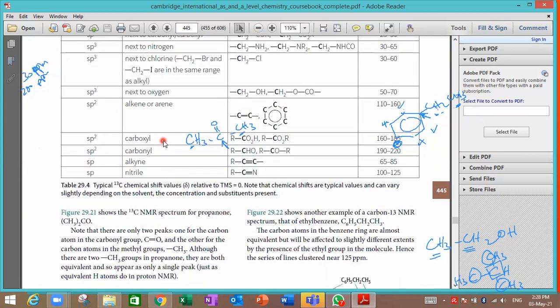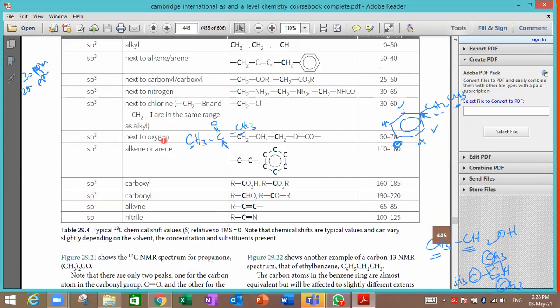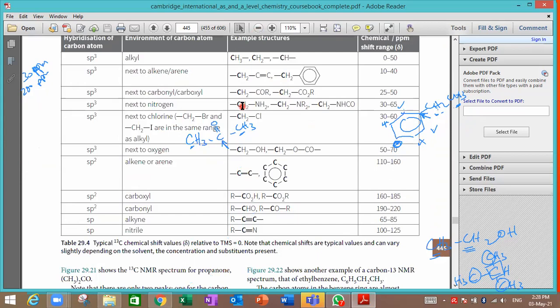It says that if I have a CH3 bonded to a C double bond O, R meaning CH2 or CH3 bonded to a C double bond O, it appears between 25 to 50. It showed here to be 30 parts per million.